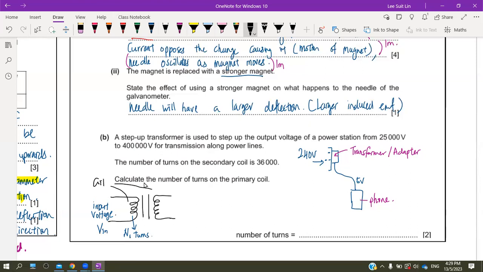We covered this in your Kemahiran Hidup, but never mind if you don't remember. Because of induction, when I change the current in the first coil, I change the magnetic field in the first coil. And when the magnetic field in the first coil changes, the magnetic field in the second coil changes. We'll do an example of this. In other words, later on, there will be an output voltage.